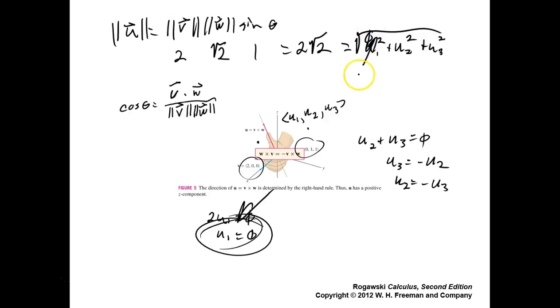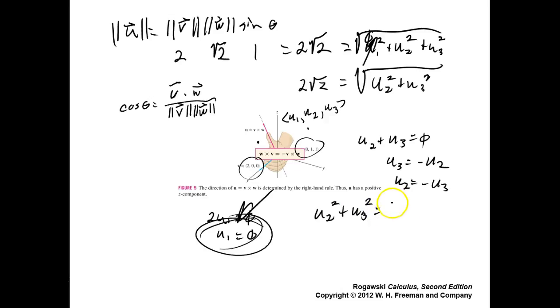So we know that the square root of u2 squared plus u3 squared is equal to 2 root 2. Now I'm going to square both sides of that. Okay? What does that give me? u2 squared plus u3 squared is 8, exactly. 2 squared is 4 times 2, 8.